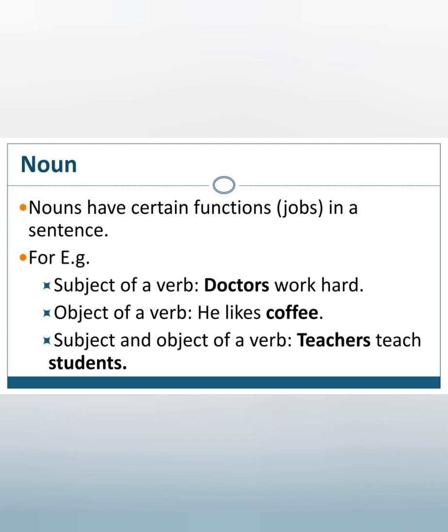Nouns have certain functions or jobs in a sentence. For example, doctors work hard. Here, doctors are the subject of the verb work. He likes coffee.